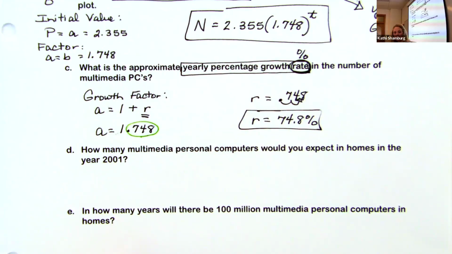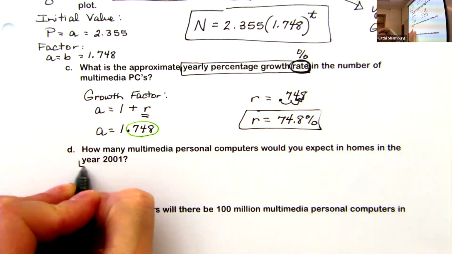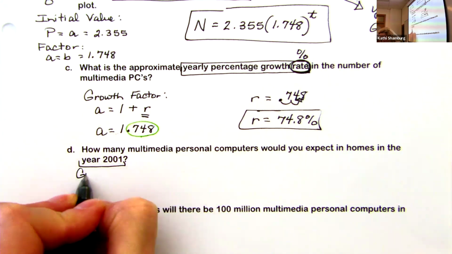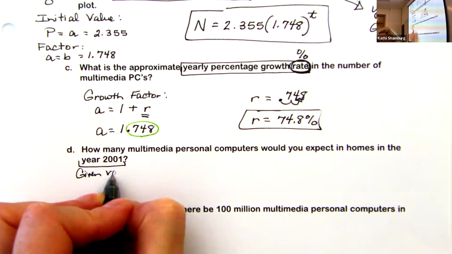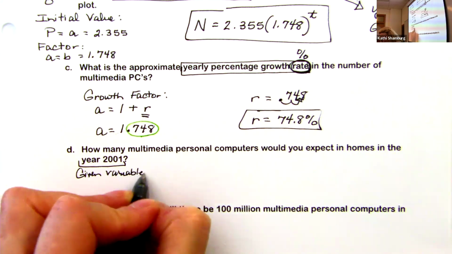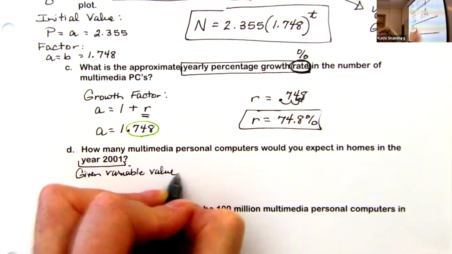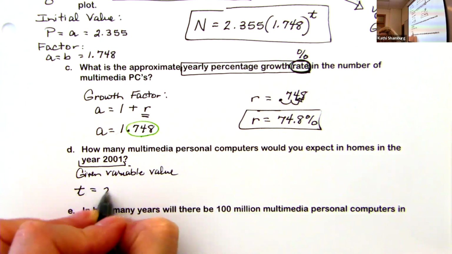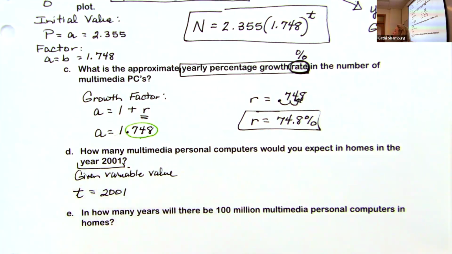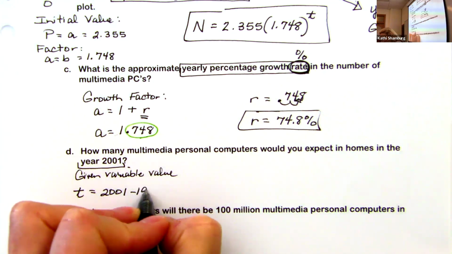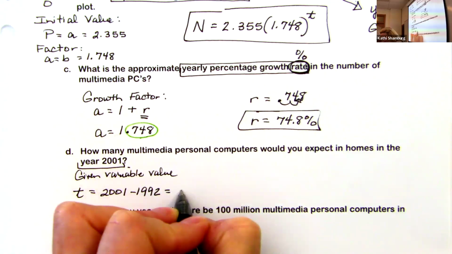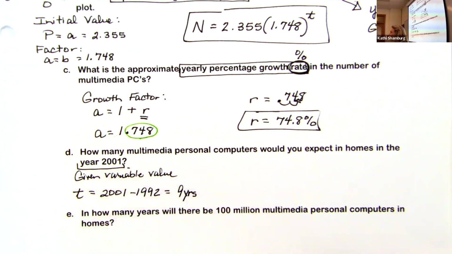How many multimedia personal computers would you expect in homes in the year 2001? What's given? Given a variable value, which is T. So is T equal to 2001? Go back to the table. What do we have to subtract from that? 1992. So T is actually 9 years.